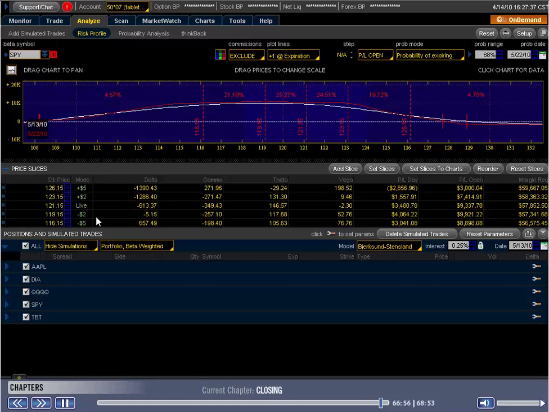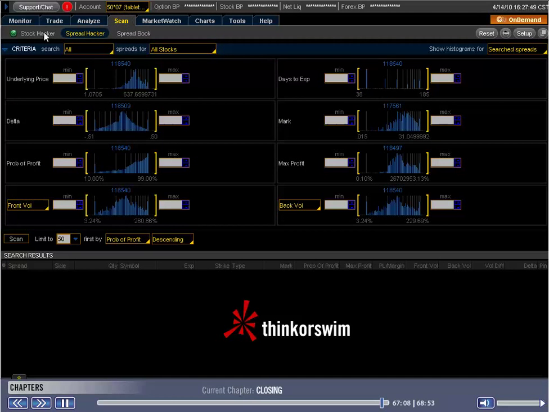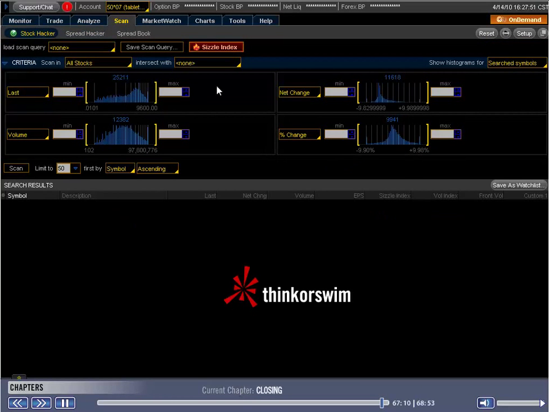Anyway, that being said, enjoy the release this weekend. If you guys are a little bit of a technician, I think you're going to enjoy the release. So this weekend, go into the scan tab, and you're going to see the stock hacker is a little bit redesigned.